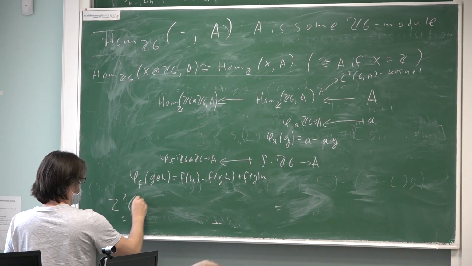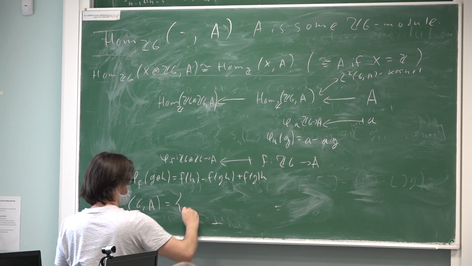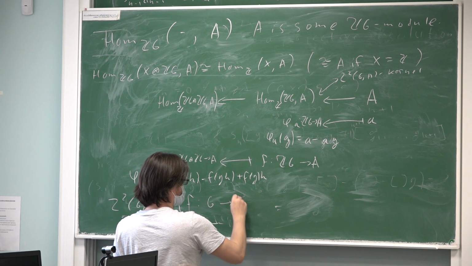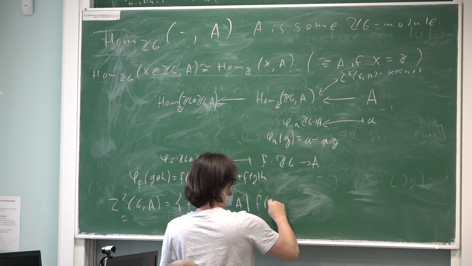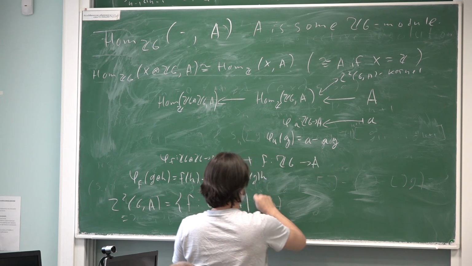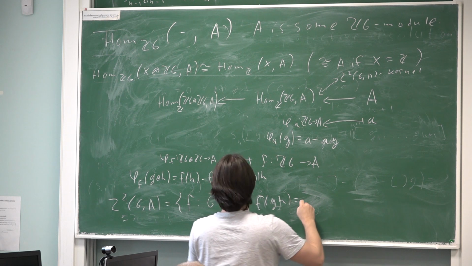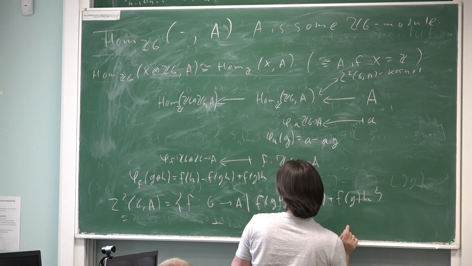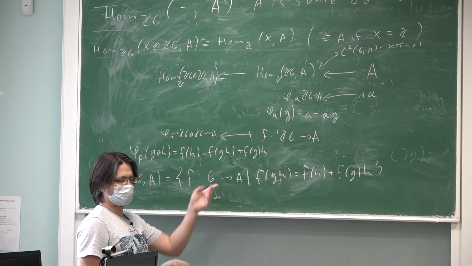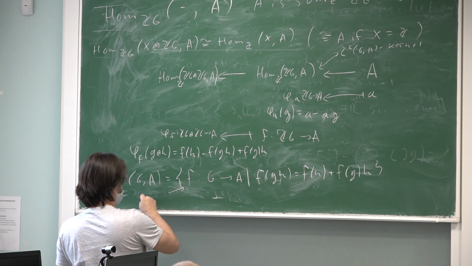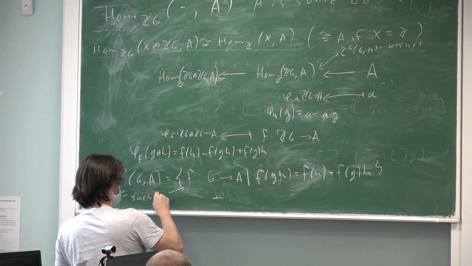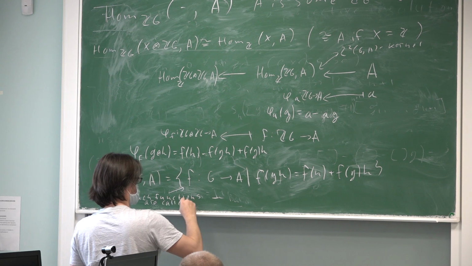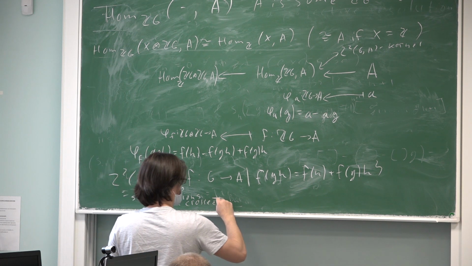Then Z2 of GA is the set of functions f from G to A such that f of gh is equal to f of h plus f of g times h, and such functions are called crossed homomorphisms.